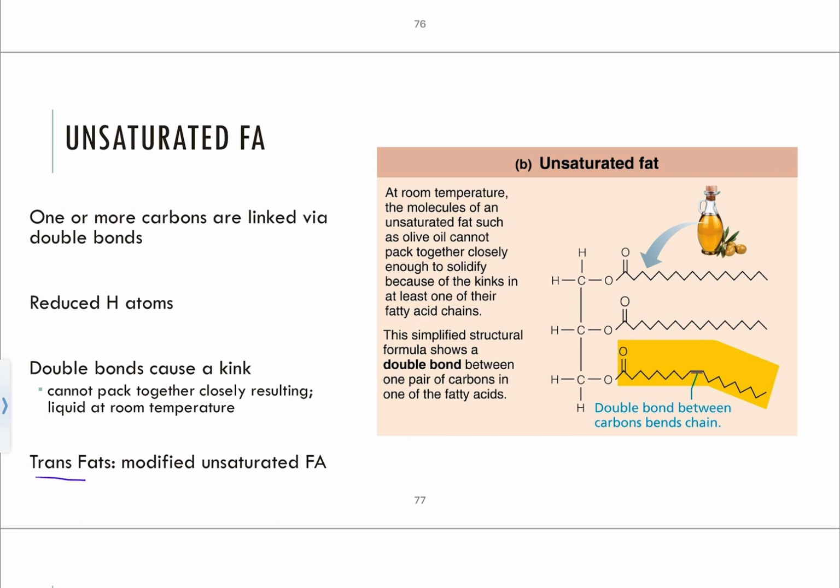We also have trans fats. When we have a double bond between carbons, if the hydrogens are in opposite positions to each other, we say it's trans. If they're on the same side, we say it's cis. You don't normally get trans fats in naturally occurring products. They are a result of processing, in things like margarine. It happens during the manufacturing process itself.